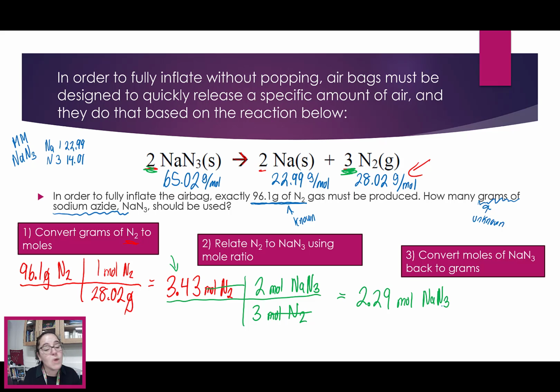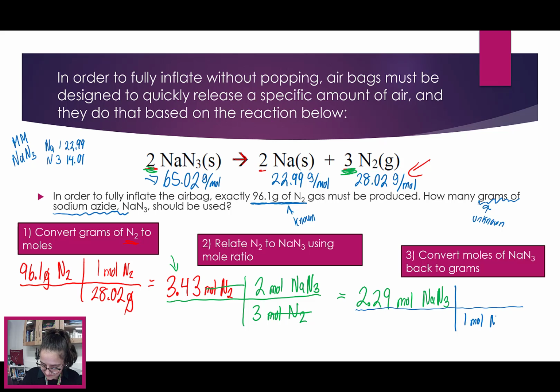Now we know how many moles of NaN3 we need to put in the airbag. But that last step is we want to know grams. So we're going to go ahead and convert. How do we go from moles to grams? Molar mass. Now we use that 65.02.